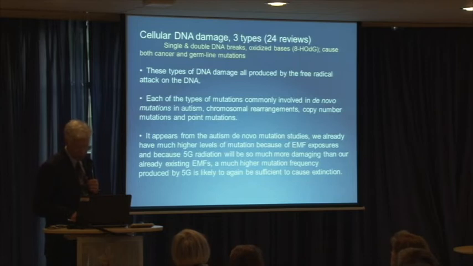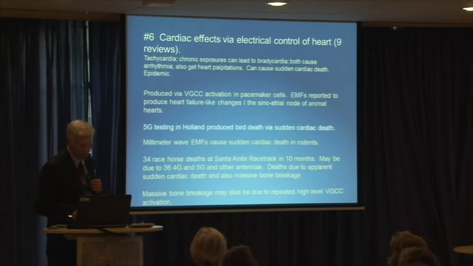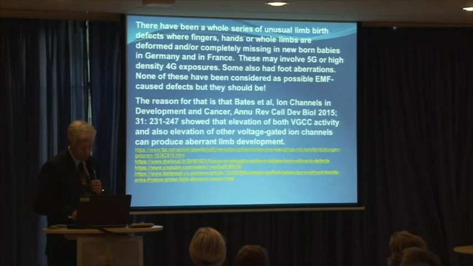That's a big concern. Cardiac effects, which I don't have time to talk about, but we know that EMFs can cause these, including sudden cardiac death, and there is reason for high-level concern where we have lots of antennae, and the 4G, 5G system inevitably involves very high antenna densification.